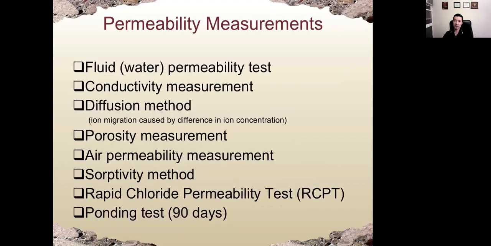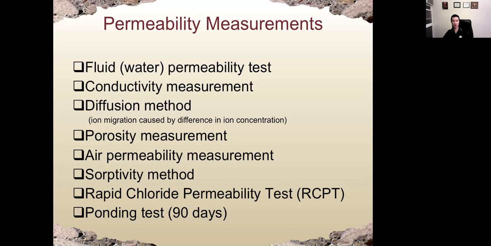Because permeability is the key for durability of concrete, there are different ways to measure concrete permeability, including fluid or water permeability tests. We can measure the conductivity of the concrete and translate it into permeability.